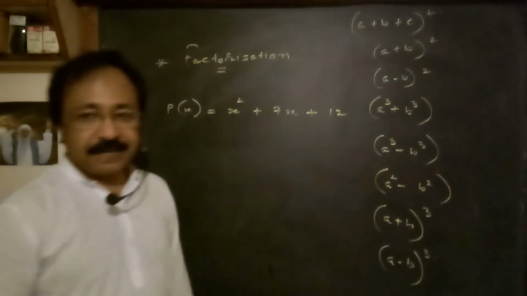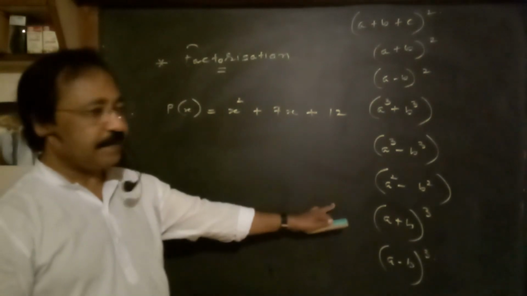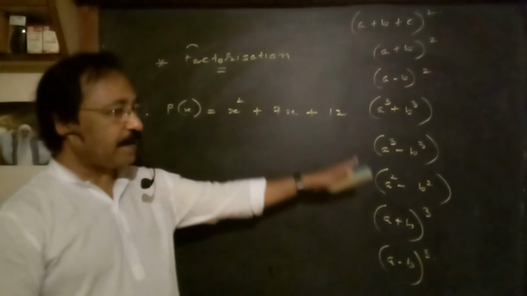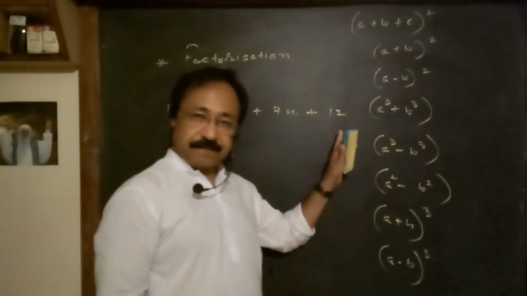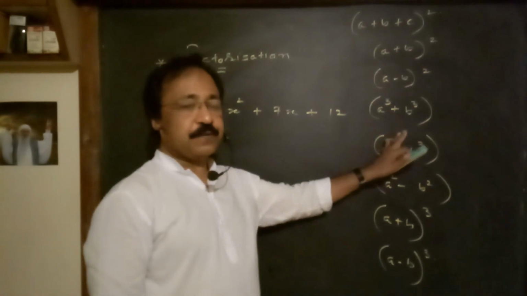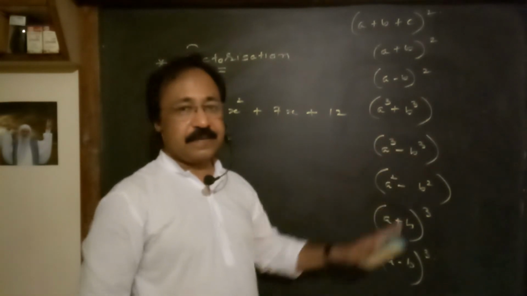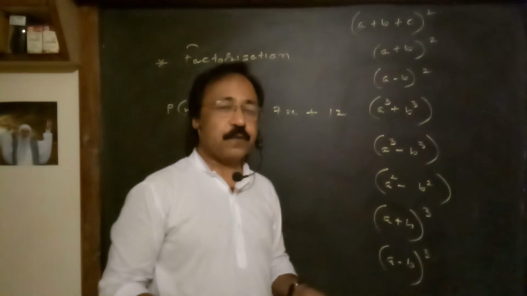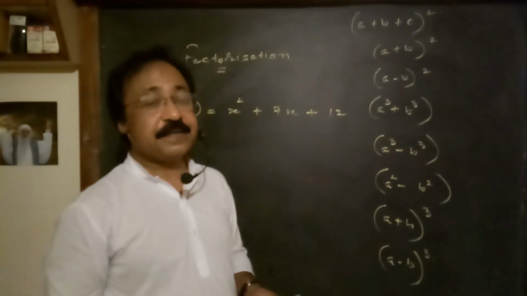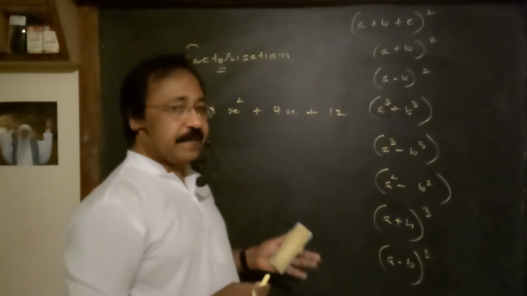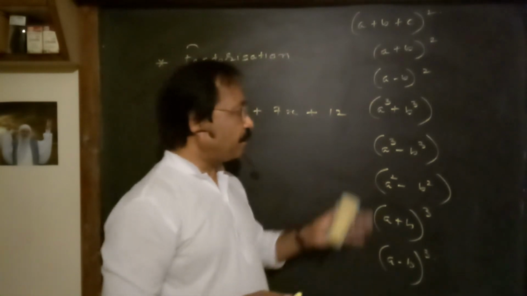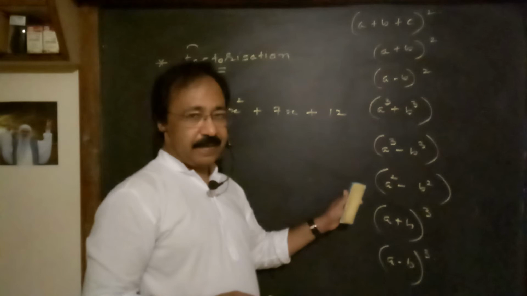These are all identities. In the next lecture I will give you all identities so you can learn them by heart, because factorization is based on identities. Unless and until you prepare identities properly and thoroughly, you cannot understand the procedure of factorization. That's why I insist all of you to prepare all these identities by heart.